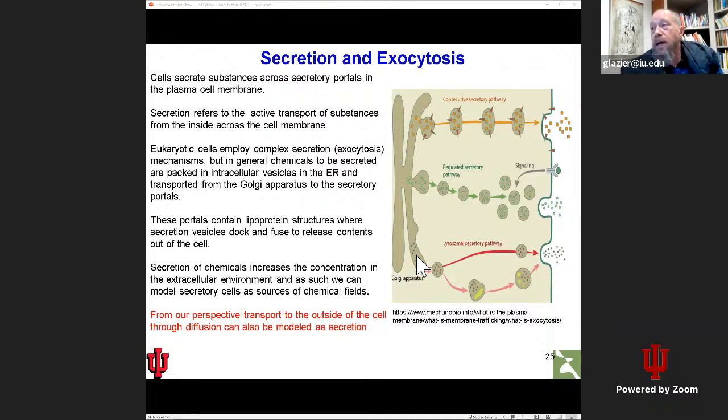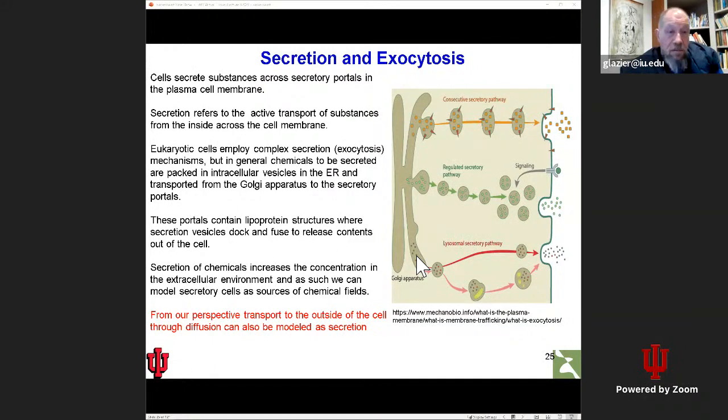Cells also have pathways called exocytosis. Those show up also in viral synthesis and release. So cells will actually make, coming off of the Golgi apparatus, vesicles, membrane-bound vesicles, which are full of particular chemical species.